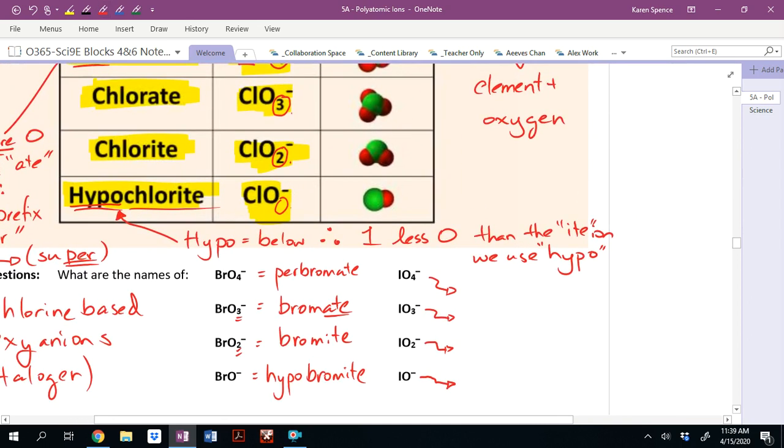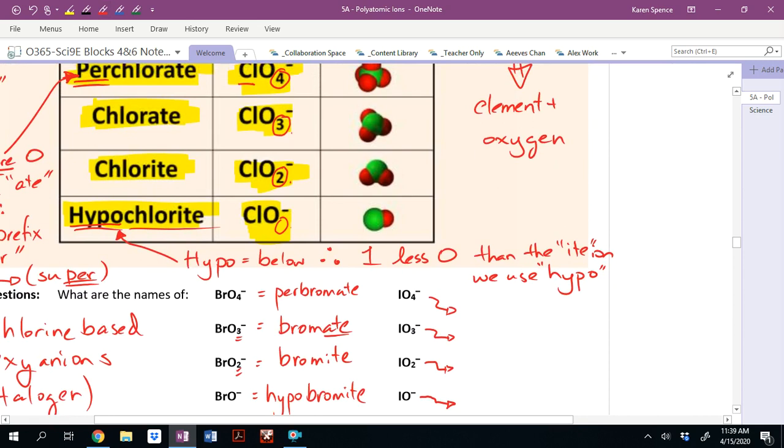Let's name our iodine-based oxyanions, and we're going to start with our most common one, which is the iodate. How do I know it's the most common one? Because all of my halogens are in the same group, therefore they behave chemically very similarly, so they will form similar ions. So chlorate has O3, iodate has O3.